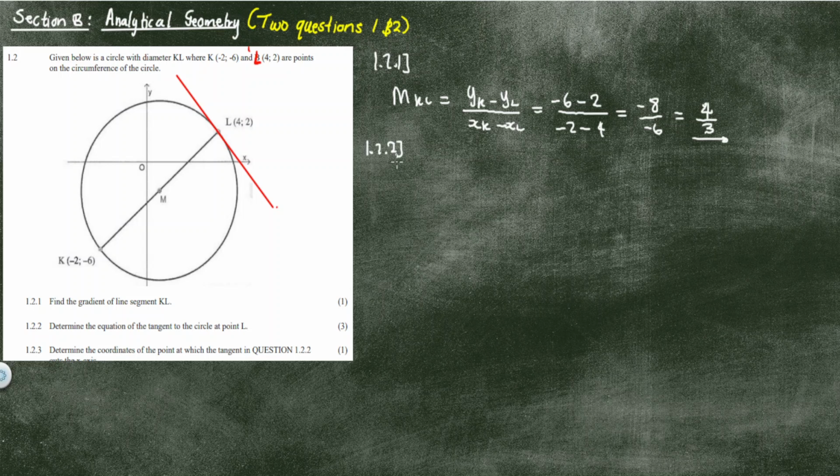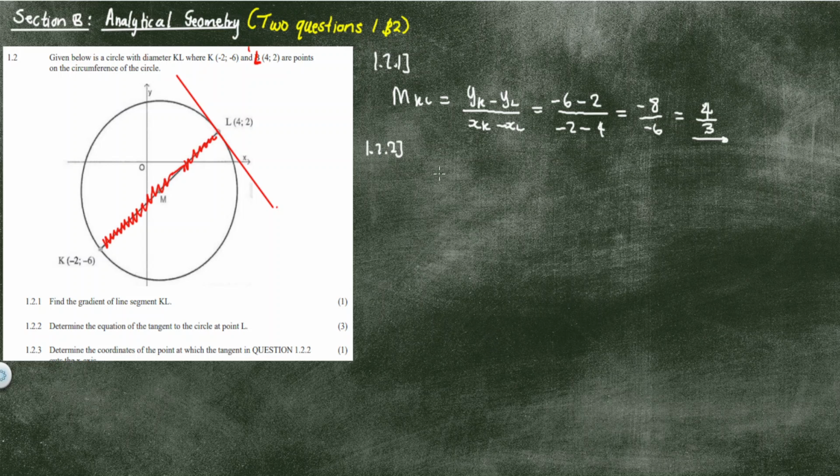Here, the point is L, (4; 2). We start with the gradient, the gradient we just calculated. We can use the gradient of this line to calculate the gradient of the tangent.